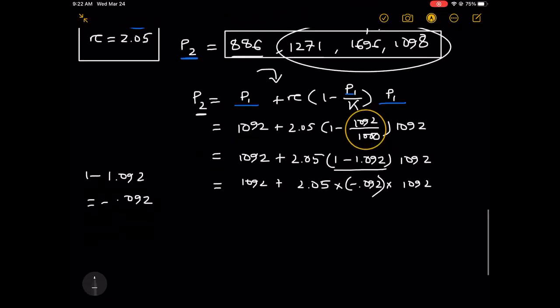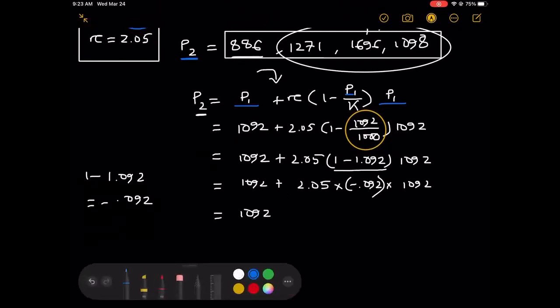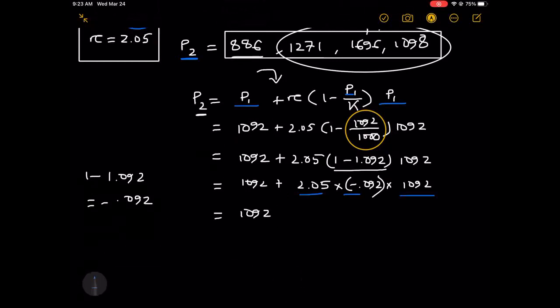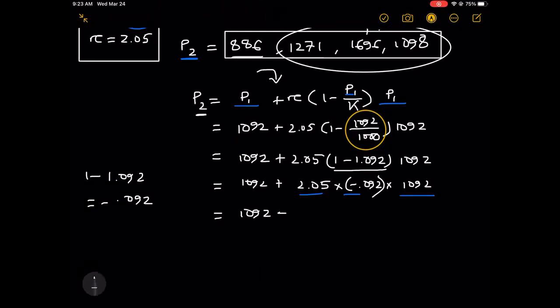Right? And now if we multiply it by 1,092, and we have a negative in this product, we know that if we multiply a positive with a negative, the final output is negative.